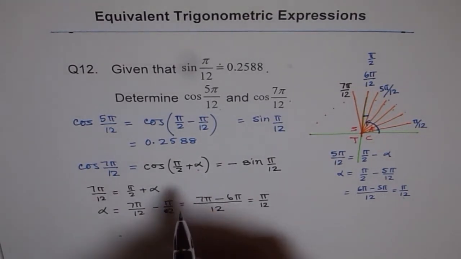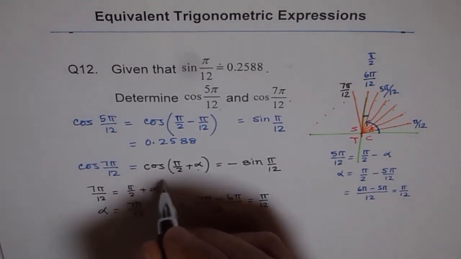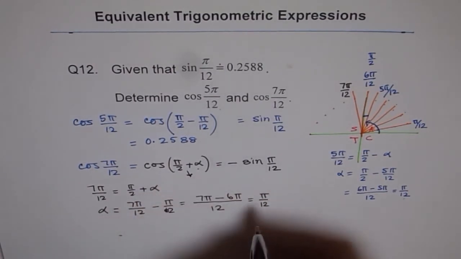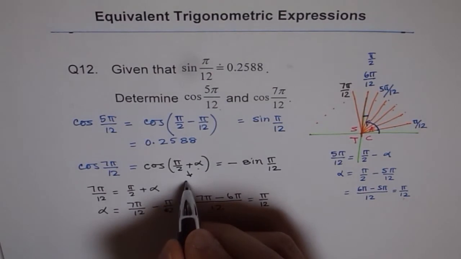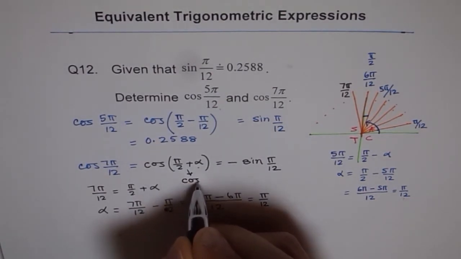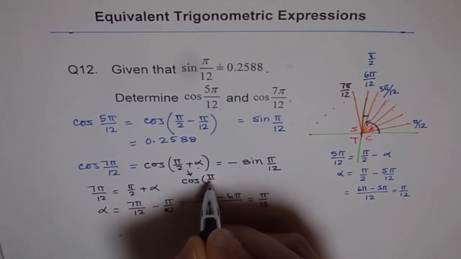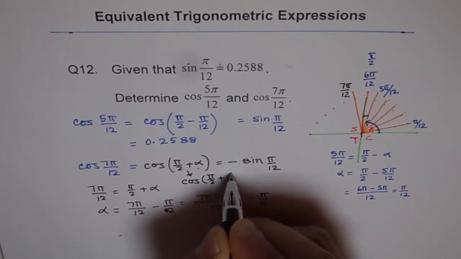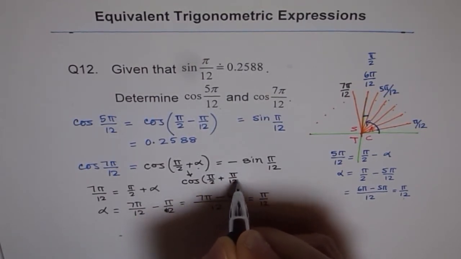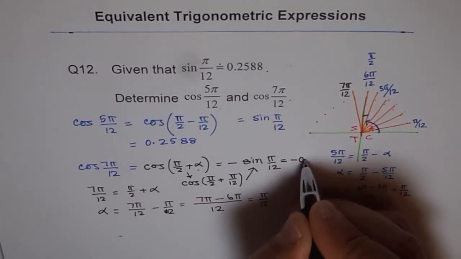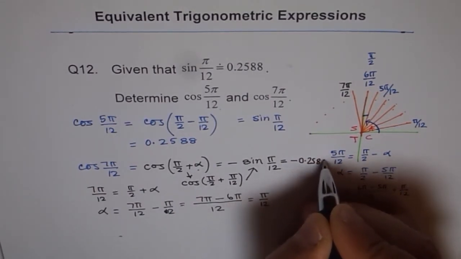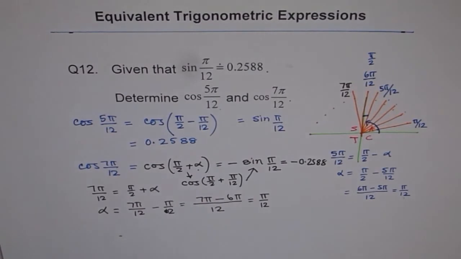Because we found alpha to be pi by 12, we write cos of pi by 2 plus pi by 12, and then we go to 0.2588. So that is how we can find our solution.